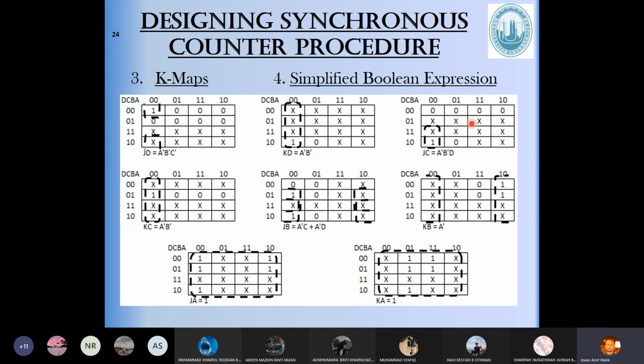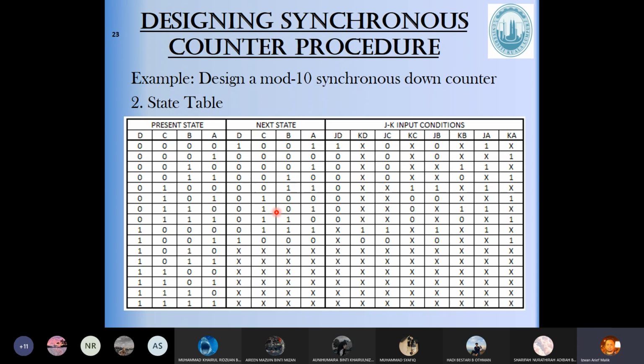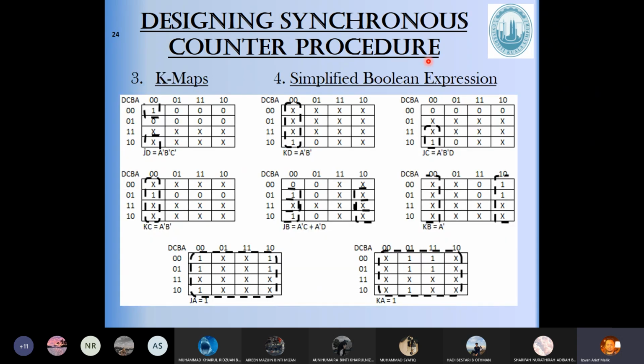So it is wrong. That 1 should be at 1001. So it should be here, not here. Okay. So just follow my steps to make sure that you don't lose marks. Okay. Here it is correct, but once you transfer the JK input data to the K-map it becomes wrong. So it is a loss.